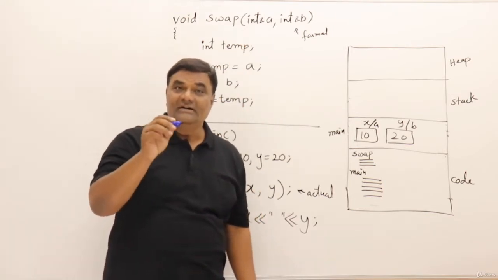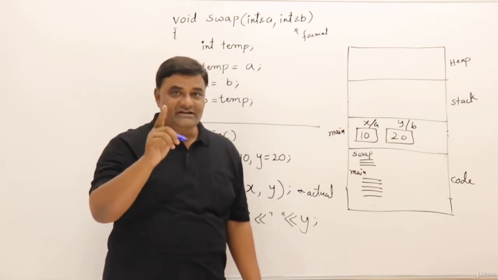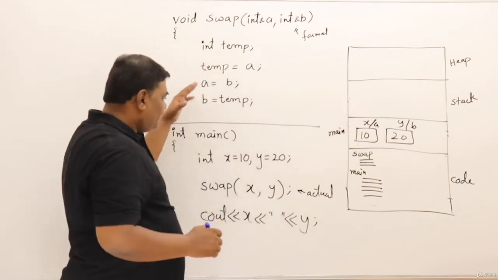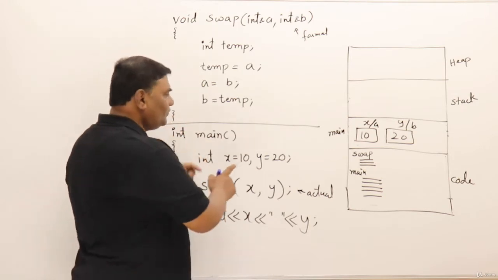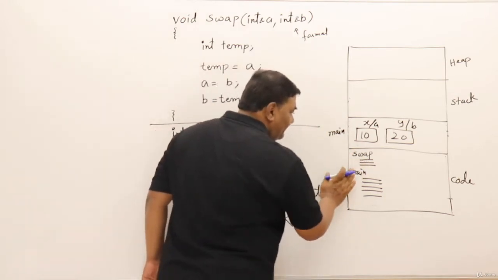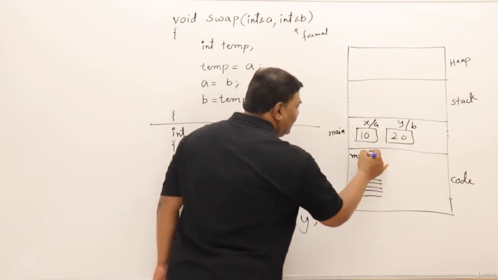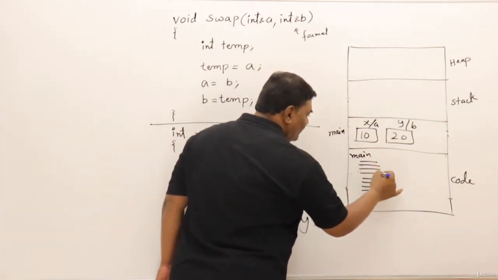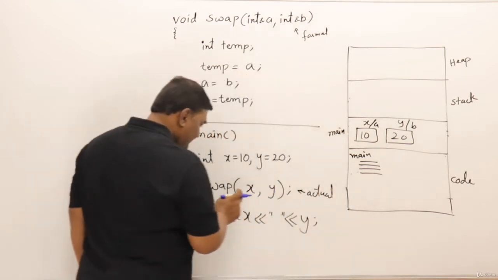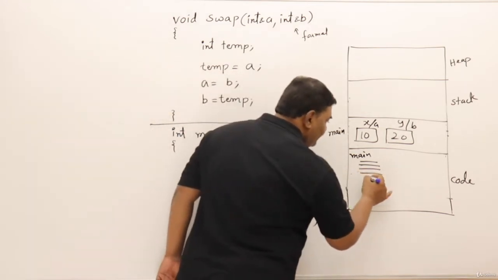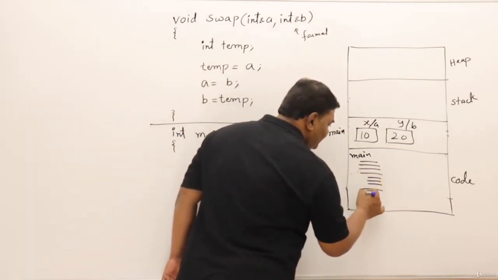When you use a call by reference mechanism, watch carefully what happens. When the machine code is generated, it will not be generated like this, but the machine code looks like this. The main function has its code, and in the place where the swap function is called, the machine code of the swap function will be copied.